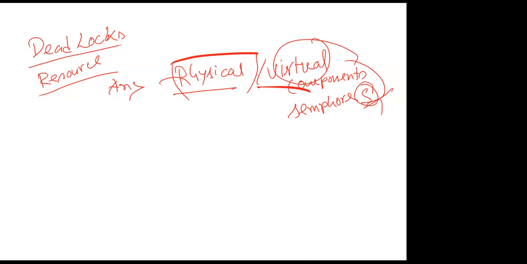You always have a limitation of resources, but you need to use them properly. And a deadlock, as I already mentioned, is when two or more processes are unable to proceed because one process is waiting for another process.